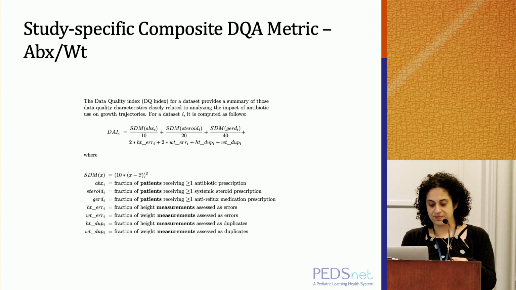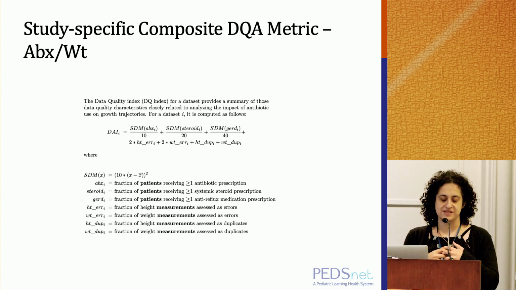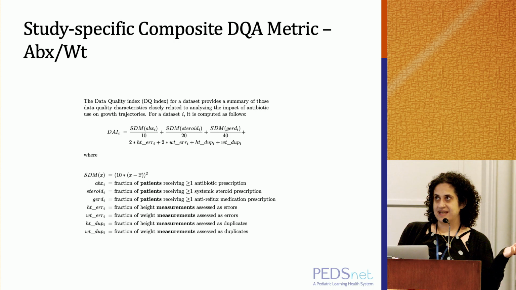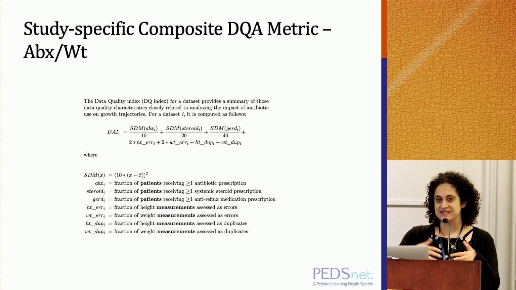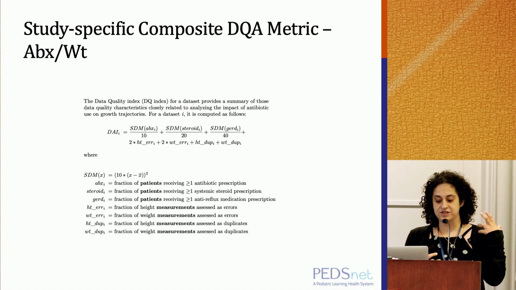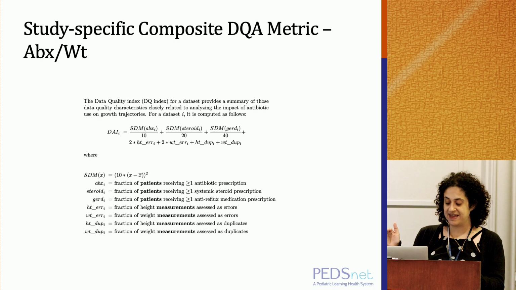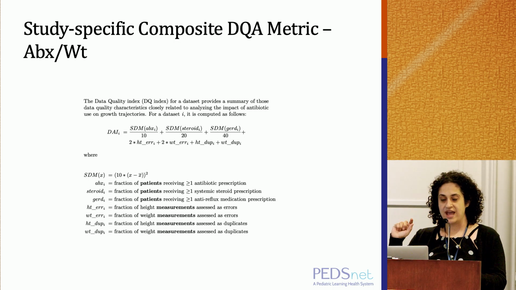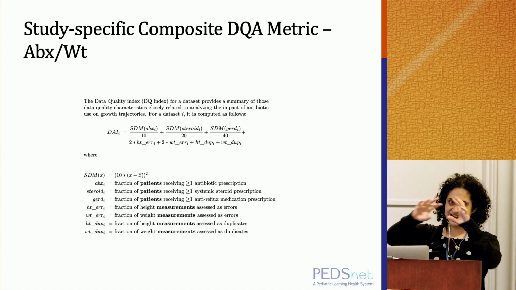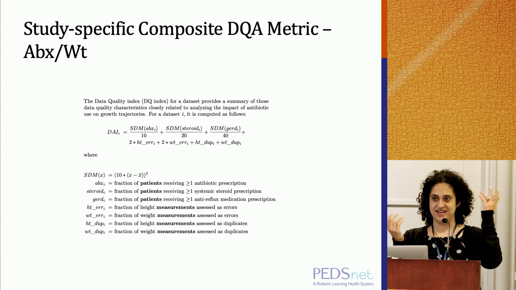And then we used that with a study out there by somebody, Damont, who looked at how to compute errors in weights and heights in databases. We applied that as well to compute a height error and a weight error, and incorporated that into our overall data quality index combined with the medication index score.